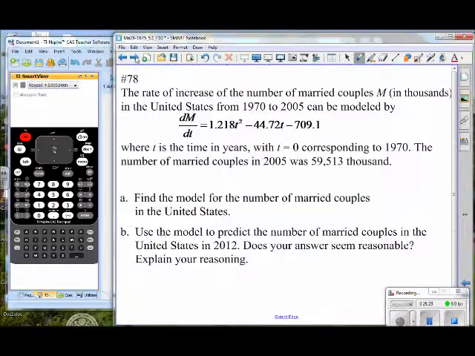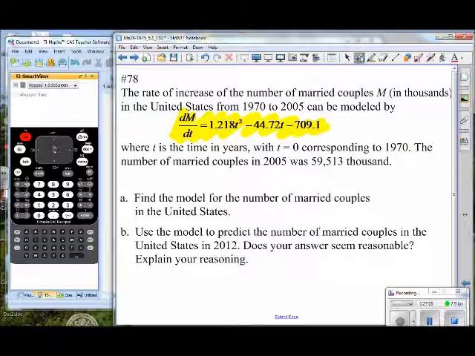Okay, our next problem is another application problem. It talks about the rate of increase of the number of married couples, capital M, and that number we get is going to be in thousands, 1970 to 2005, and it tells us that that rate of increase is given by this. This is not the number of married couples, but this is how fast the number of married couples is increasing. We've got to pay attention. T is in time and years. T is equal to 0, corresponding to 1970.